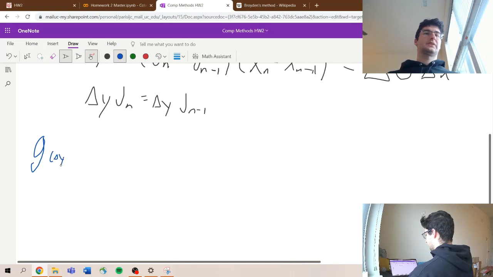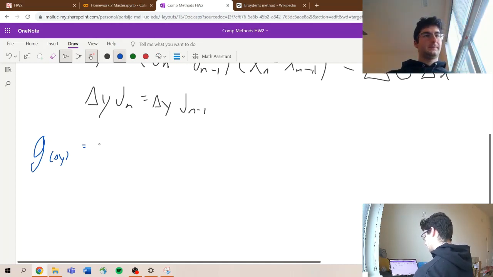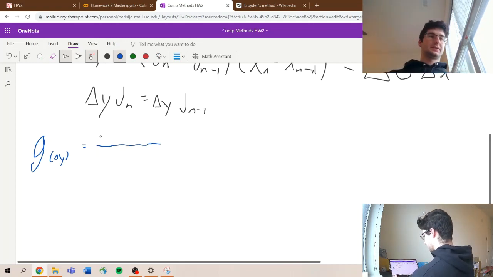It's called g of delta y. And what he did is he wanted this g to give a relationship between x and y. So the way he did that was delta y dot product delta x.